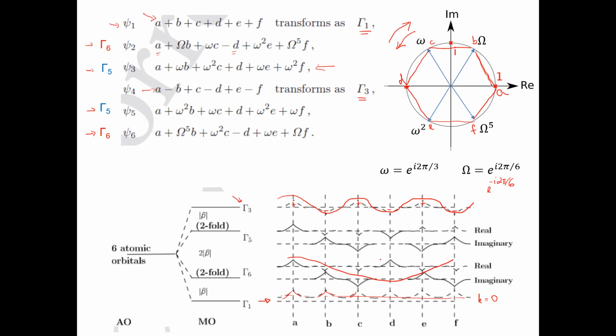Now for gamma 5, I oscillate twice. I make a complete oscillation from A to D. So this gamma 5 should go like this: positive, negative, positive, negative, so on.